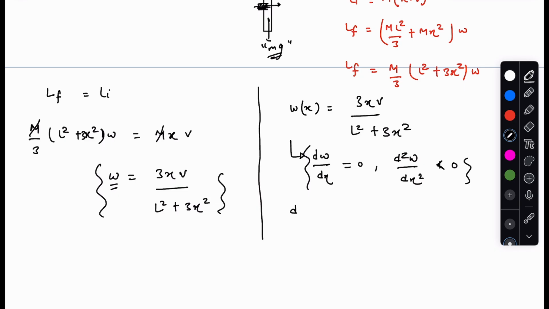So d omega divided by dx, if we calculate, this is the differentiation. We need to differentiate 3xv divided by L square plus 3x square.